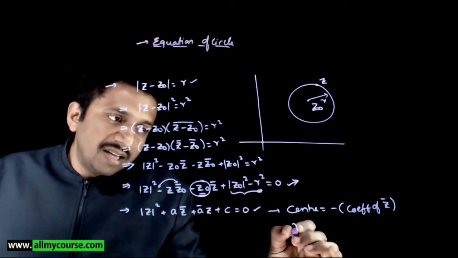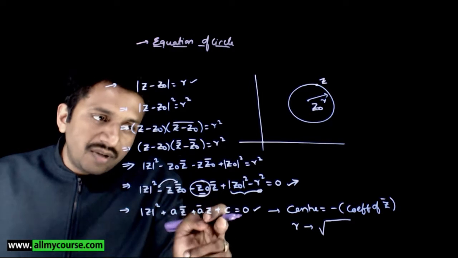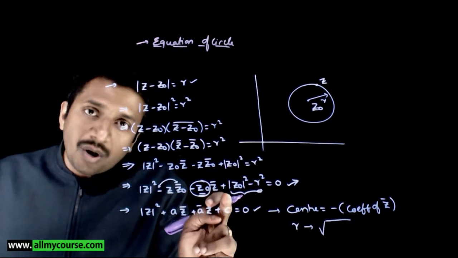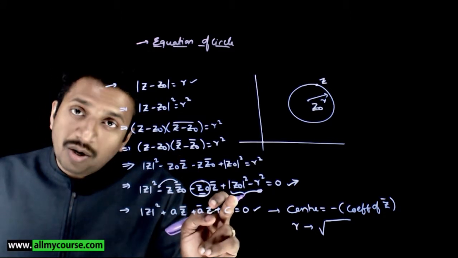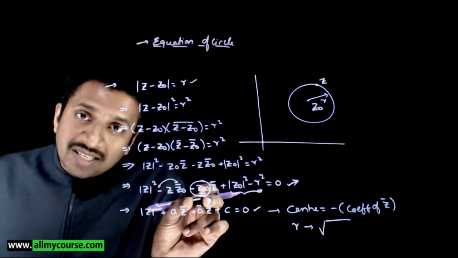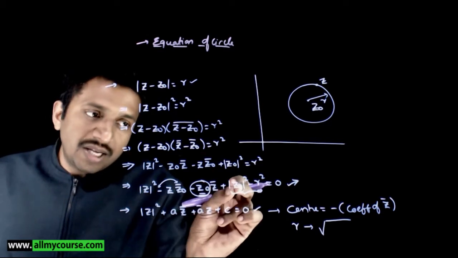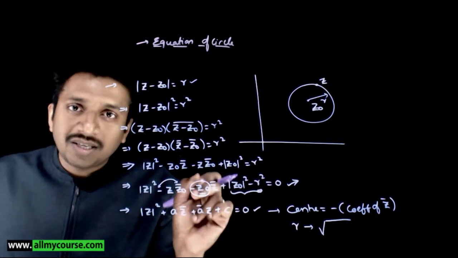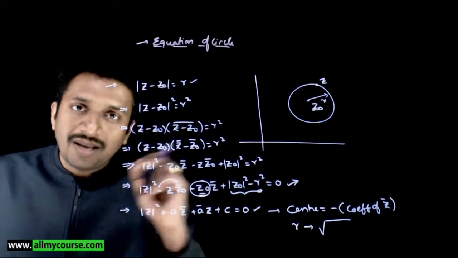And what is the radius of the circle? As you can very clearly see, C is nothing but mod Z0 square minus R square. And we have assumed that Z0 is nothing but minus A. So mod Z0 square is nothing but modulus of A whole square. So C is equal to mod A whole square minus R square.